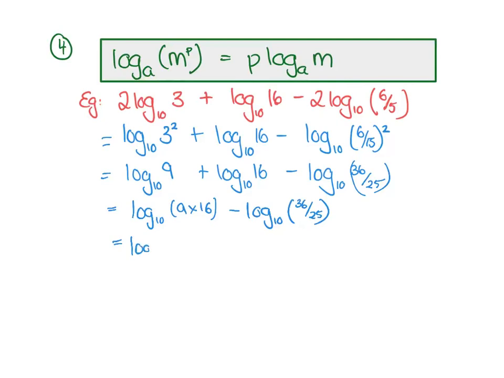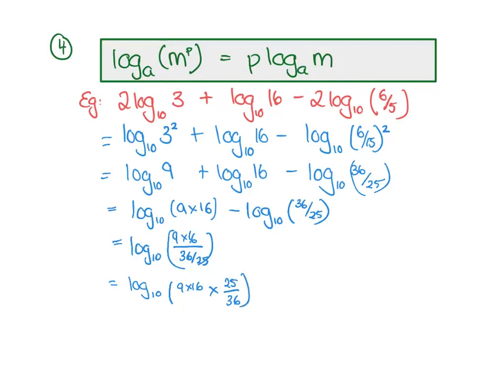So we could say this is log 10 of 9 times 16 over 36 over 25. Okay, so when we have dividing a fraction, you actually multiply by the flip. So I could say it's like timesing by 25 over 36.